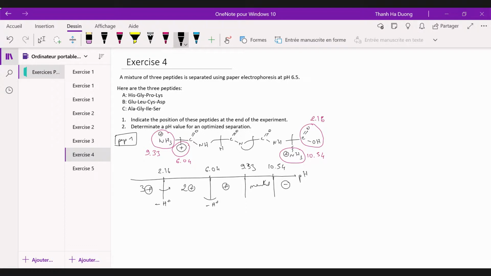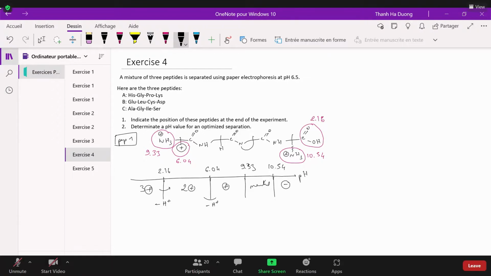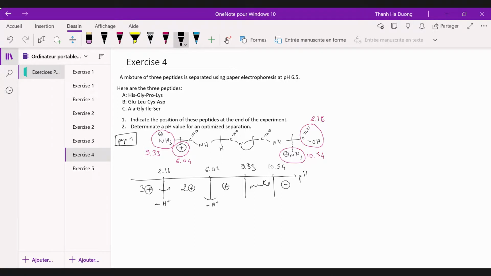You don't have to learn the value, okay? I will always give you a table. I draw a pH diagram, and I put the charge for the peptide in each region. Okay? Is that okay for you?